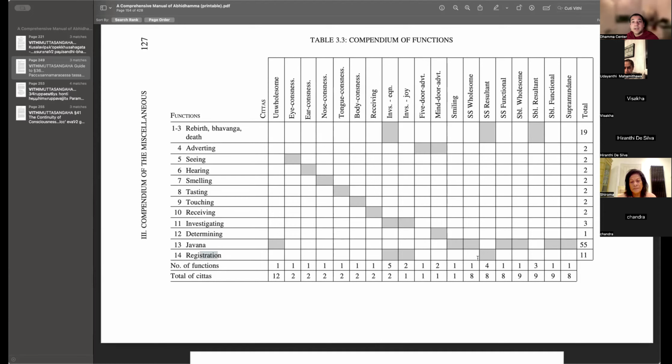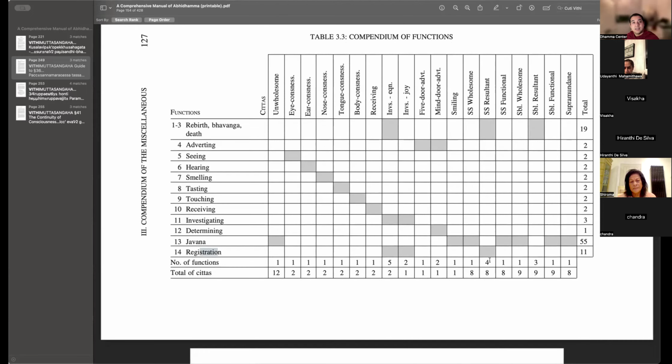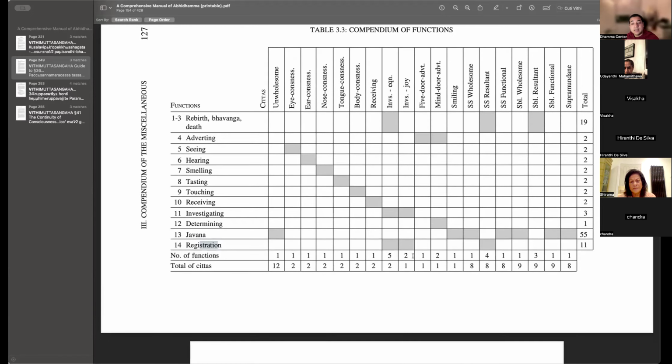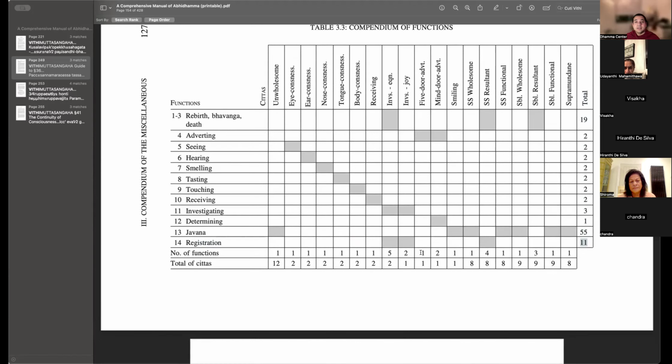Retention is also done by Sobana Vipaka. So very interesting that Sobana Vipaka and Santirana, Upeka Santirana and Somanasa Santirana both aid. So altogether 11 Dhammas aid in the process of Tadalambana.